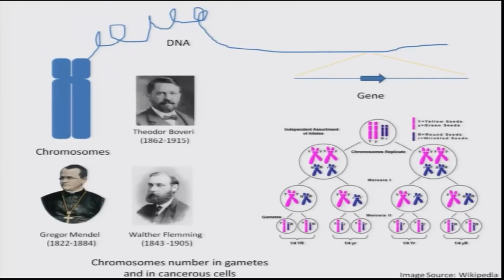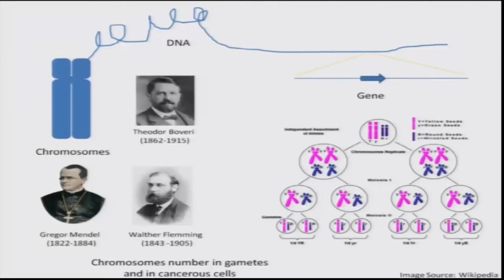Boveri really gave an explanation of what Mendel had proposed, that you have different forms of the genes, what you call alleles. For example, a gene could determine your height. So you may have 2 variants of the gene, one that gives you a tall phenotype, the other a somewhat short phenotype, and these 2 get separated during what is called gametogenesis.